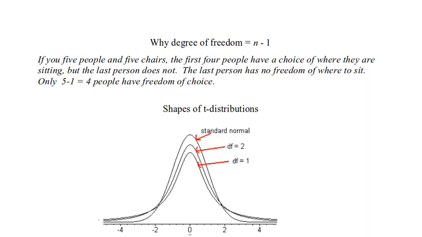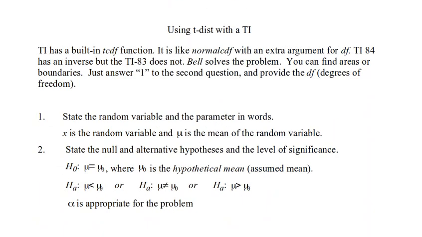The shape of the student t-distribution looks very similar to a standard normal curve. But as the degree of freedom changes, it varies from a standard normal curve. With the TI calculator, we have a built-in t cumulative distribution function choice.